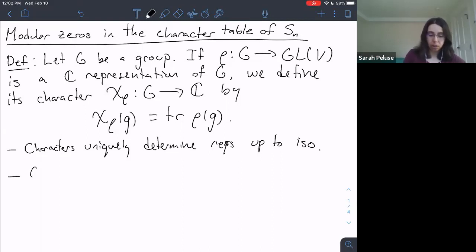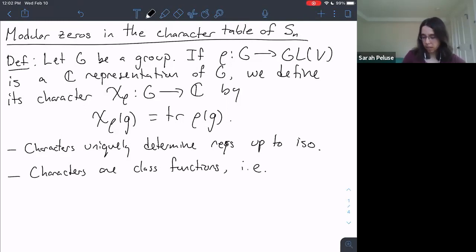And characters are class functions, meaning that they're constant on conjugacy classes.